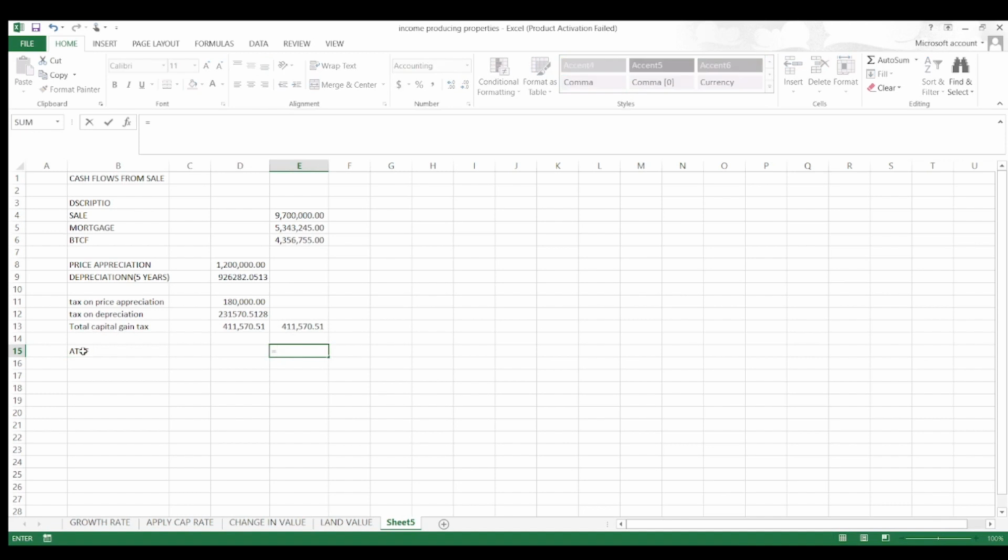For us to get our after-tax cash flow, we simply take the before-tax cash flow and less the total taxes paid. Now that's our after-tax cash flow from sale.